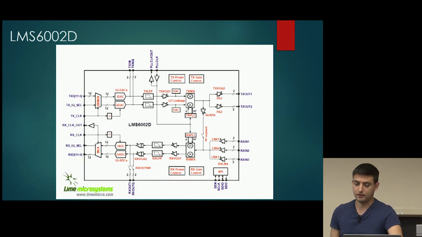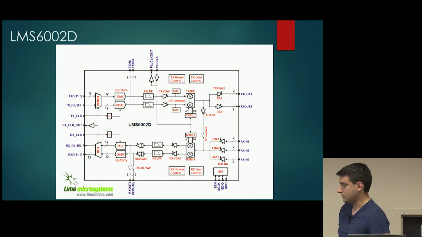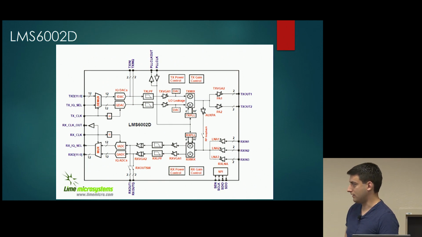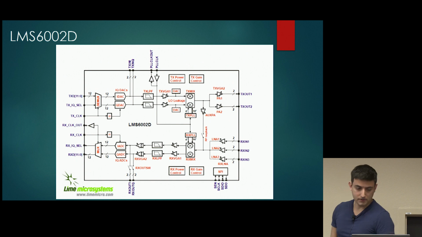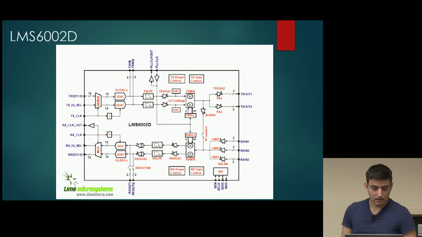The underlying block diagram for the front end chip is pretty much what we know to be a standard zero-IF architecture for a transceiver. So digital pins are on the left, and your RF pins are on the right, and all the baseband and mixing and LO stuff is just generated within the chip. So digital signals come in on the left if you're transmitting.